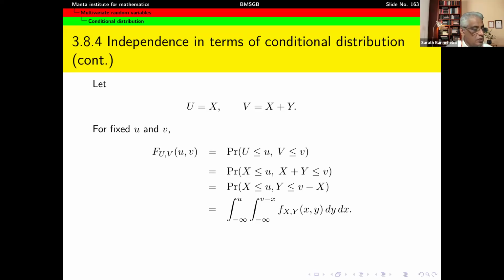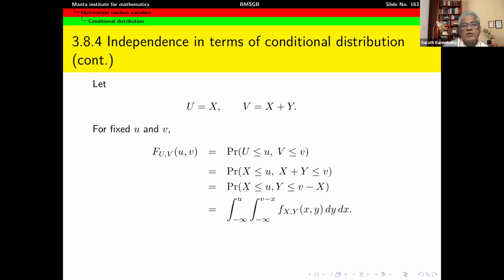Right. So now we know already how to find out probabilities like this, joint probabilities, in terms of x and y. What we have to do is integrate the joint density function over a subset of the support of the joint density function satisfying this particular condition.